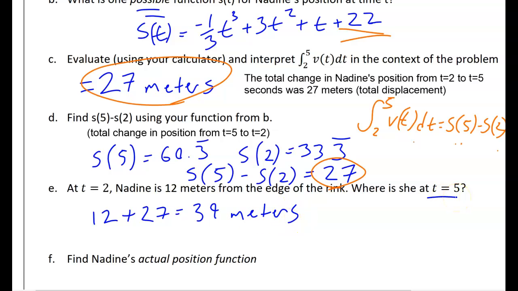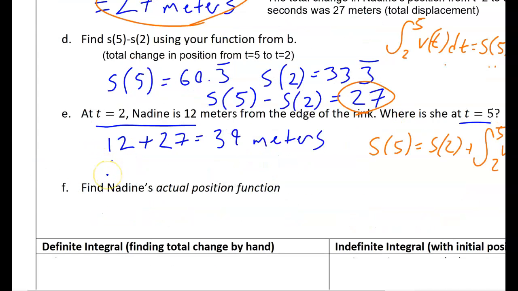So we want the starting position plus the total change, right? The way I'd write this in my integral notation is I would say, well, s of 5 is equal to s of 2 plus my total change, right? So these things are all related. They're all just restatements of the same things.